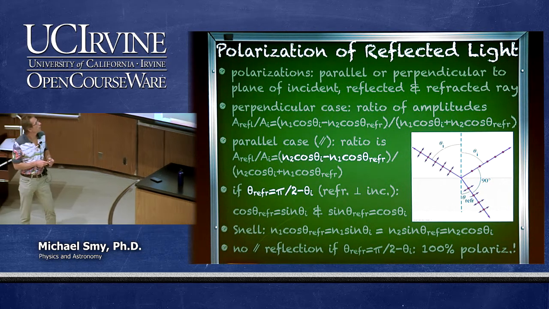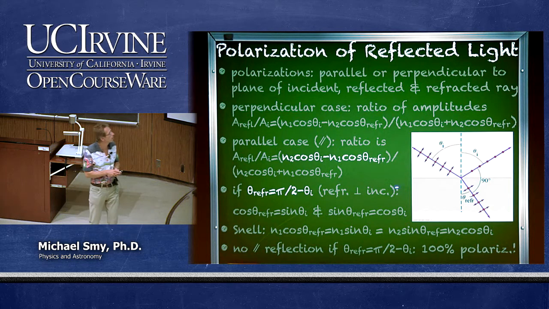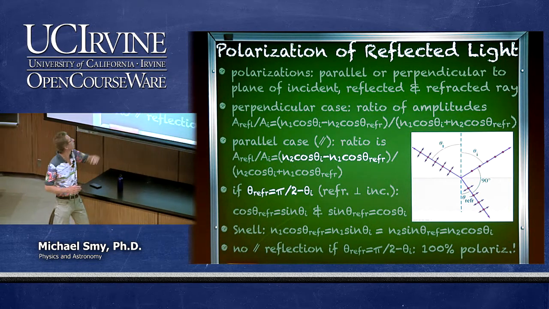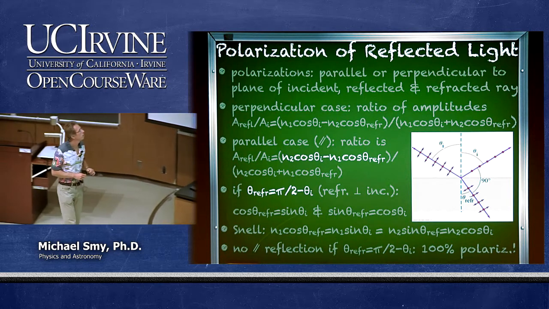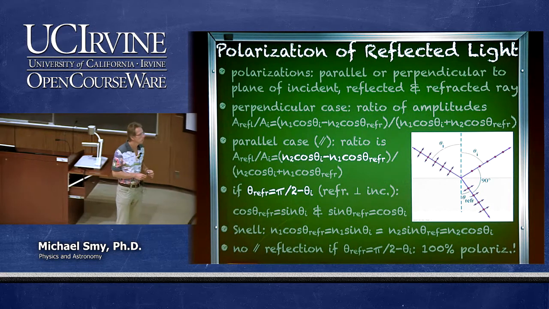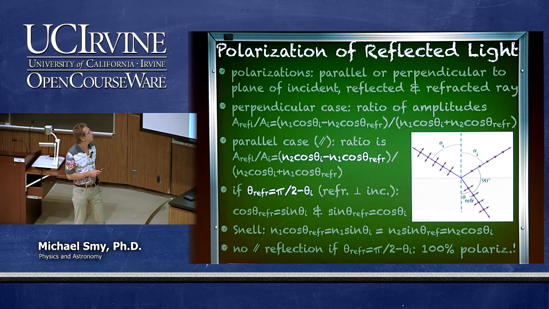So with these two polarizations, the one where the electric field vector is parallel to the plane of incidence, meaning like this, and where it is perpendicular to the plane of incidence, meaning that it goes out like this. If we look at the reflected amplitude compared to the incident amplitude, we get two formulas that correspond to those two cases.